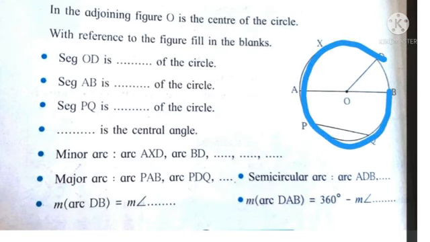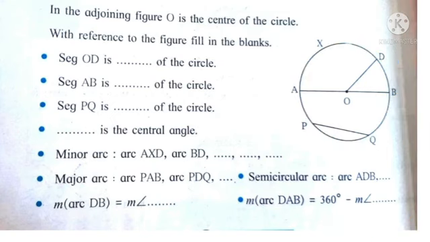Okay, it is complete circle 360 minus angle BOD. We get the measure of this arc by 360 minus arc BD. Okay, arc BD means central angle.